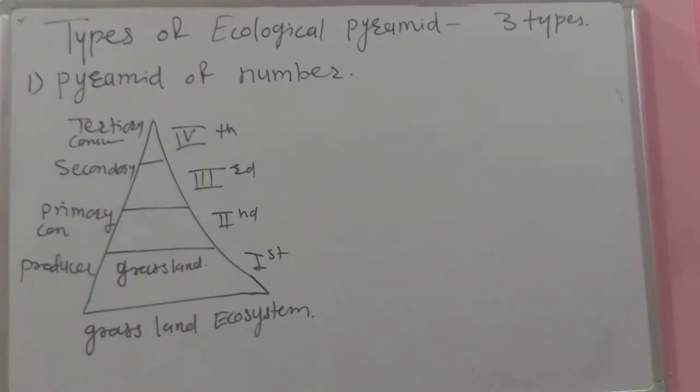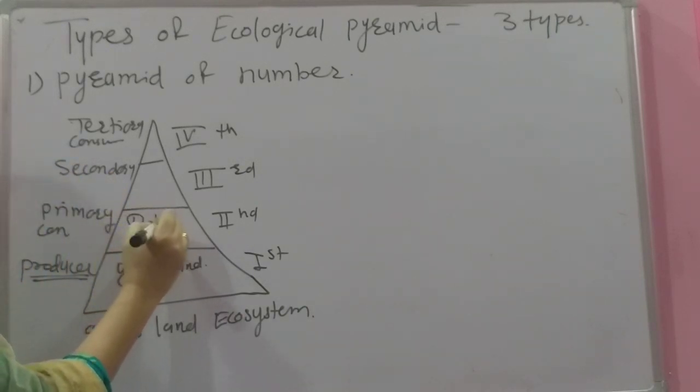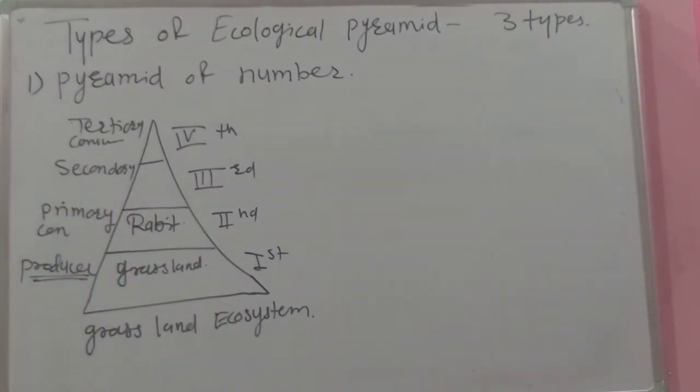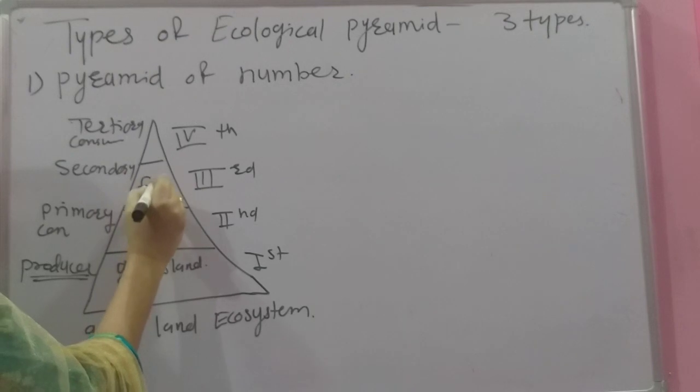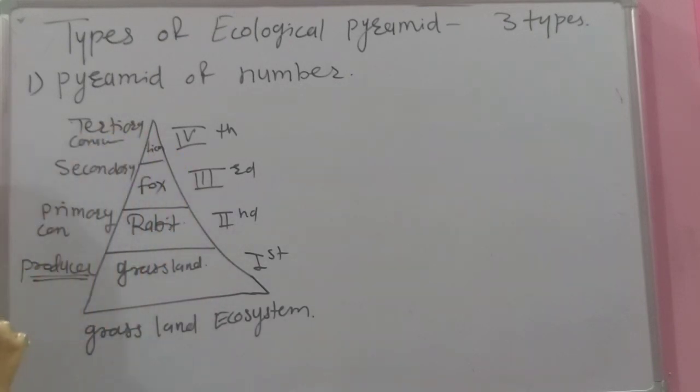In this grassland ecosystem, grass is present on the land. This is the producers. On these producers depend the rabbit, then the fox, then the last one is the lion or the tiger.